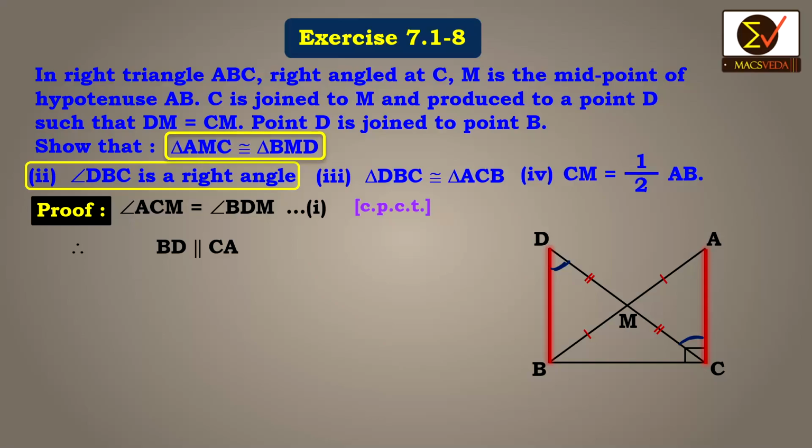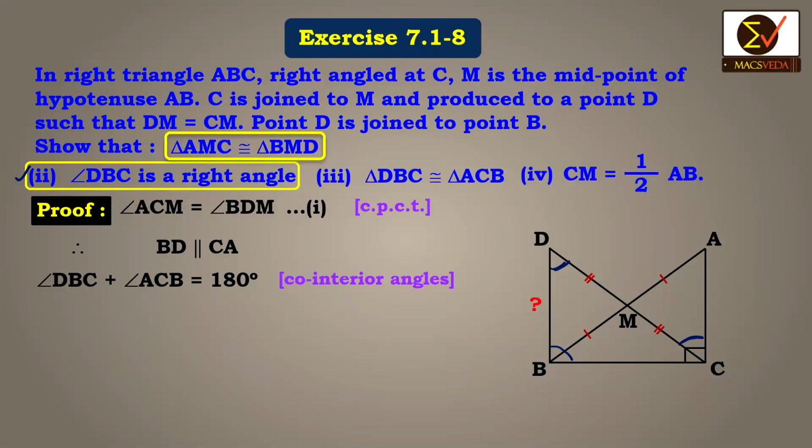Now we need to prove angle DBC is a right angle. This is the second problem. Let us prove it. Here CA and BD are the parallel lines, and this is a line joining these two parallel lines. So these two angles become co-interior angles, and you know the sum of these two angles, that is angle DBC and angle CAB, is 180 degrees, because they are co-interior angles.